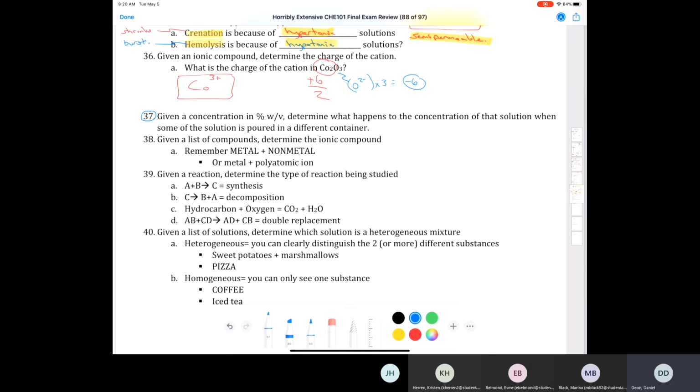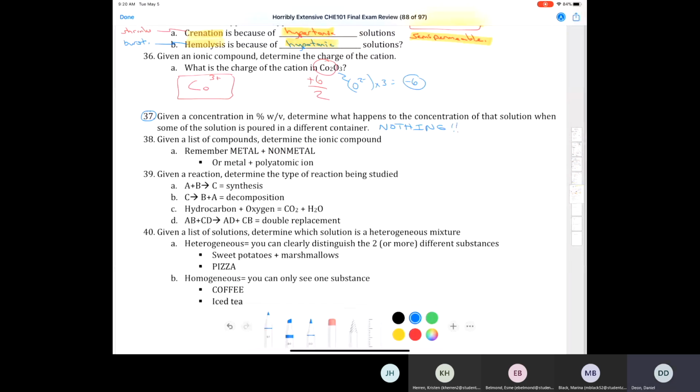If you take some Kool-Aid in the pitcher, and let's say you have concentrated Kool-Aid in a pitcher, and you pour it into a glass, it's still the same concentration. You didn't dilute it just by pouring it, right? So the answer to this one is nothing happens to the concentration.